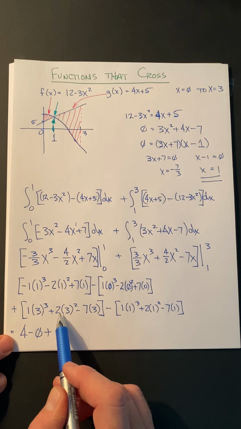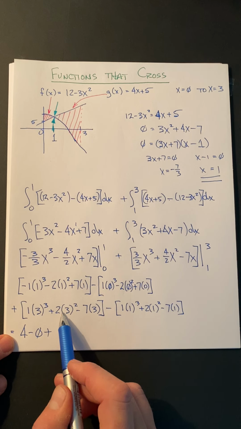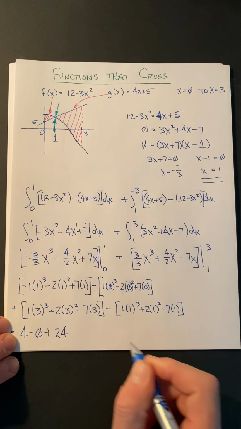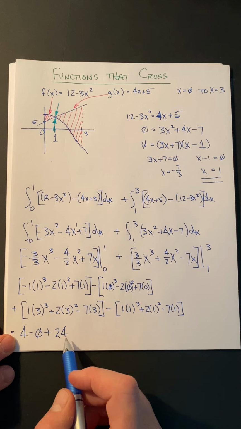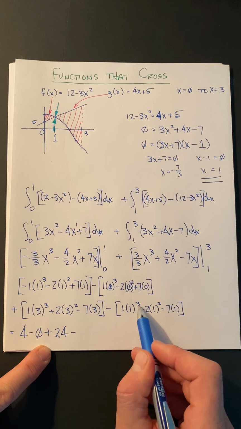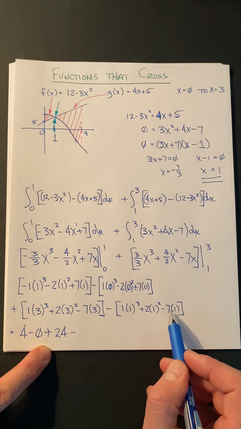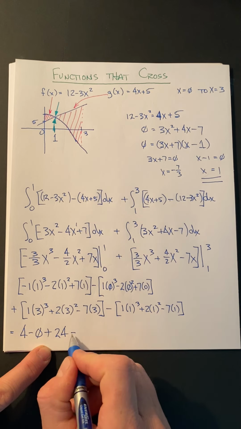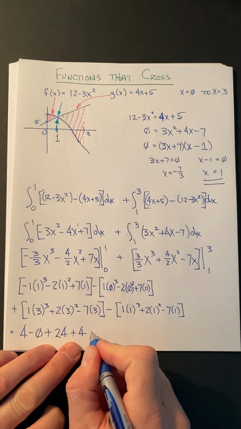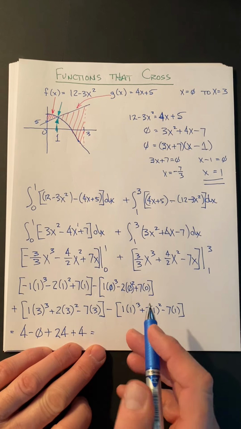So 27 plus 18 is 45, minus 21 should give me 24. Then over here, 1 plus 2 is 3, 3 minus 7 is minus 4, but because it's subtracted, it's plus 4. So here I have 24 and 4 and 4, so 24 and 8 is 32.